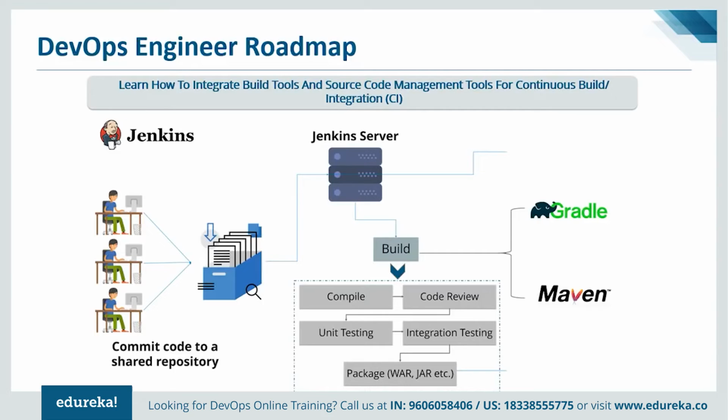Right, so I would say unit testing and integration testing are part of build. That's a very common misconception, that build includes only compile. It includes unit testing as well as integration testing, code review, and a few other things as well, which varies based on your requirement, right? So this is what you need to understand, how you can integrate build tools like Maven with source code management tools like Git.